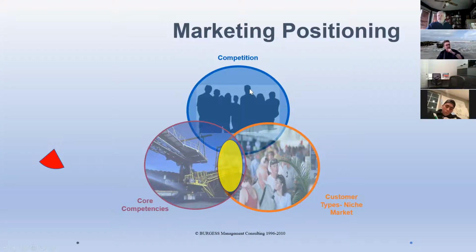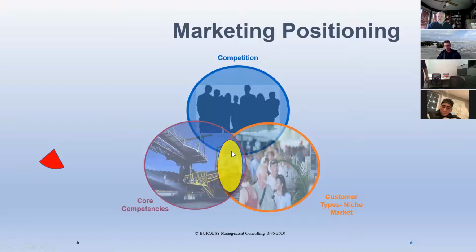Now, you've got competition that also has some of their core competencies overlap with yours, and some of what they do overlaps with your customers. But what you've got is this area here that is specifically your kind of competency, and you get that business. You fight with your competition over that little overlap where all three things come together.